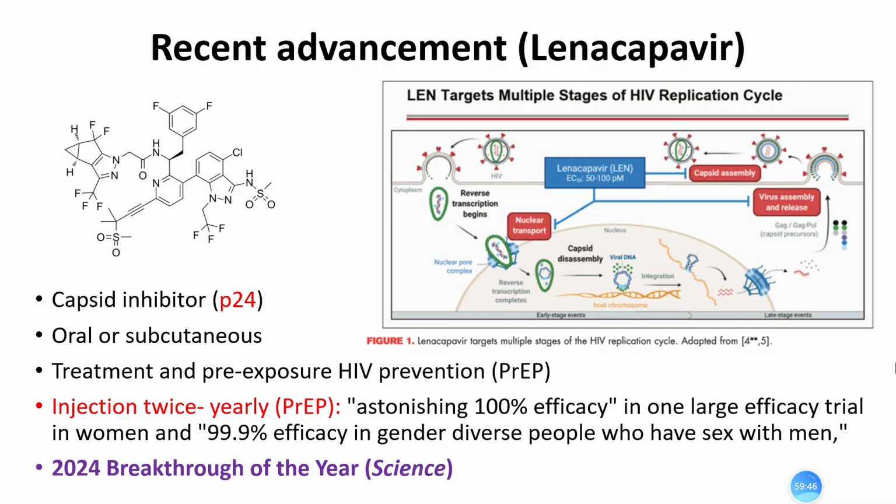So this work, okay, 99.9% efficacy. So this work was named as the 2024 breakthrough of the year by the Journal Science. So hopefully with this medicine, we can finally block the spreading of HIV infection. And there are some other works, and I shared in my WeChat that some group did immunotherapy of HIV positive persons.